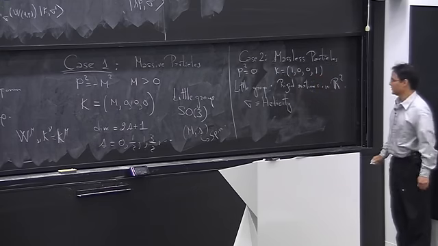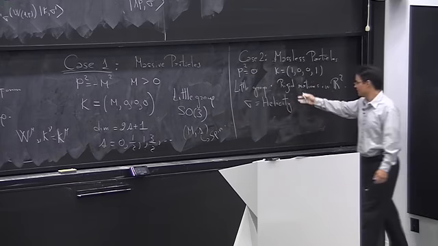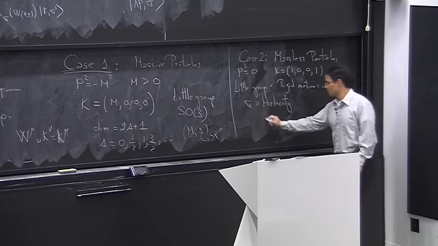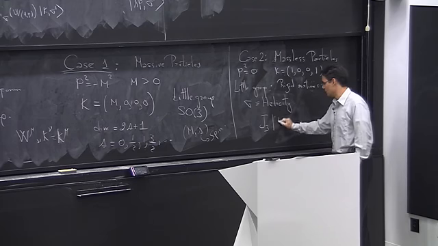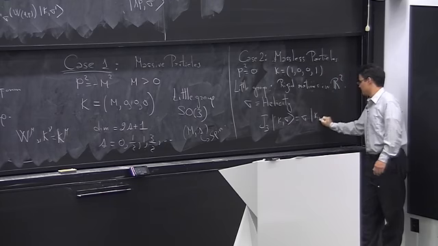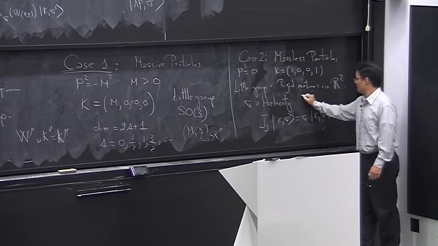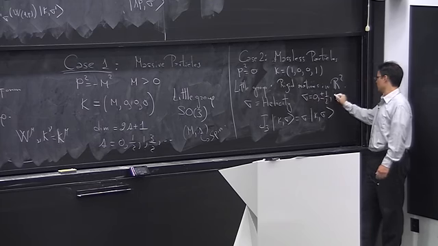So massless particles don't have a spin. Spin refers to this SO3. They have helicity, okay? Which turns out to be the eigenvalue under the third component of the angular momentum generator. And it can only take half integer values too, but with plus or minus signs.